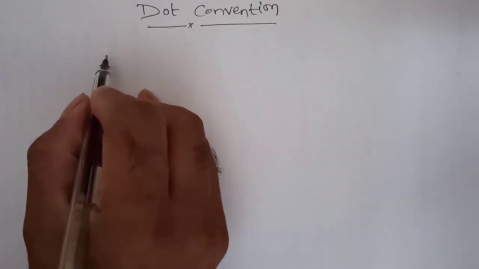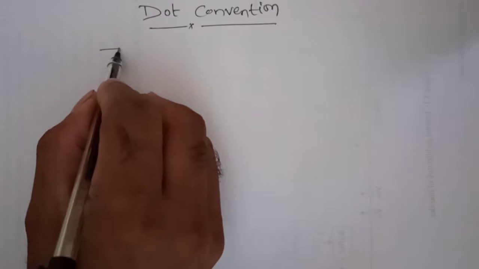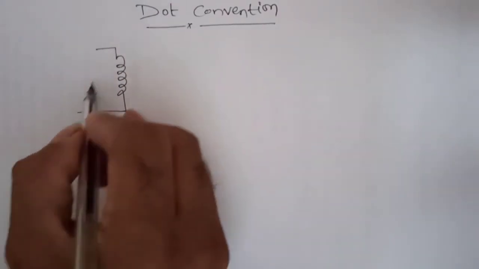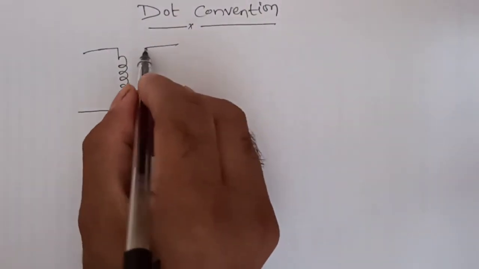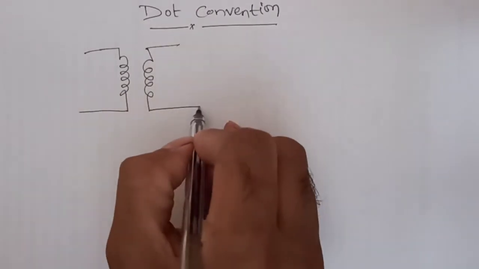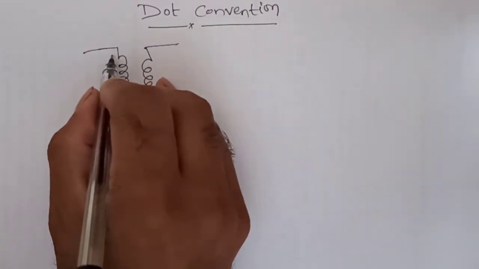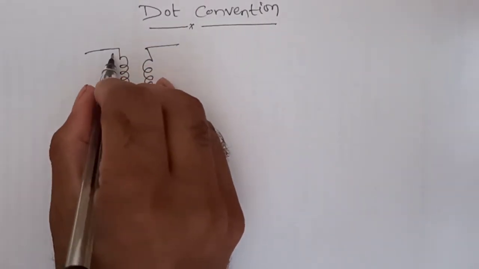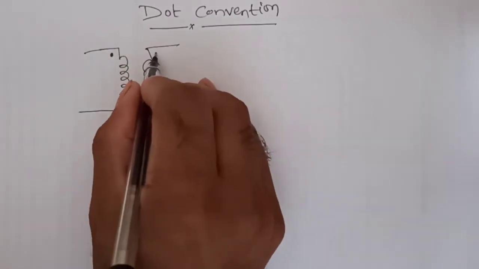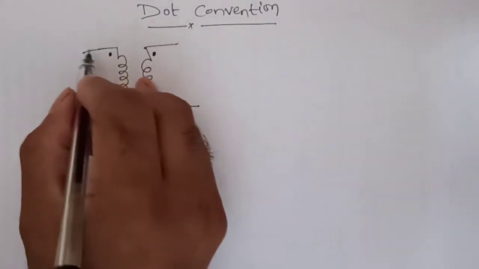For example, let us take one configuration having two magnetically coupled coils in this way.